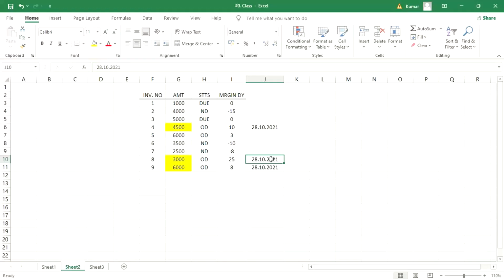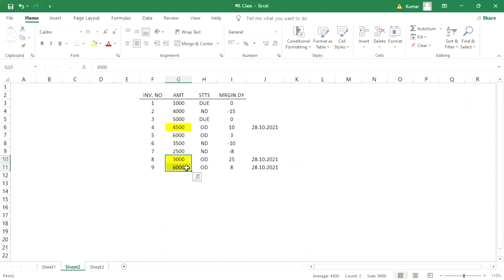Then we have another condition: 1 reminder we have sent today, right? Now what about the next reminder? There must be a certain gap between the first reminder and the second reminder. If you run a dunning program today, we have sent 1 reminder for these 3 customers. If you run a dunning program tomorrow, and once again the system generates a reminder for these line items, then logically it is not good, guys.